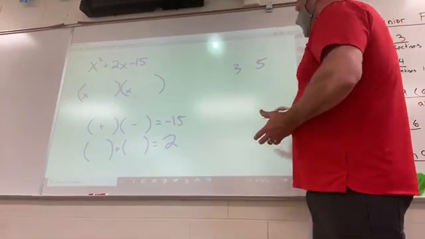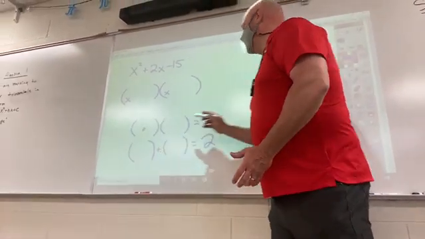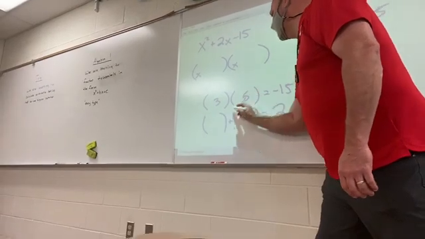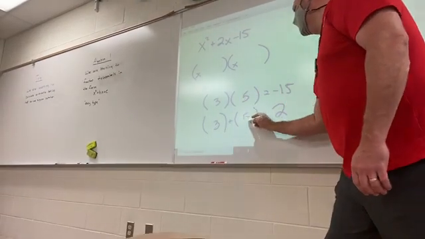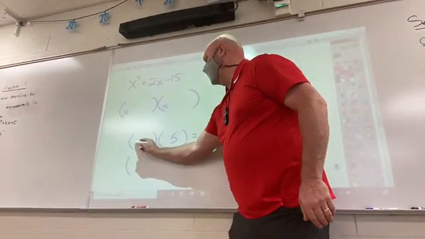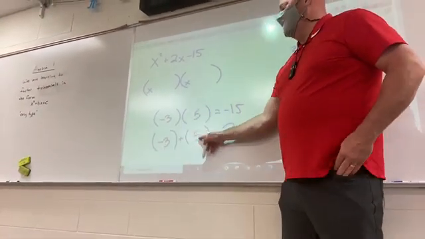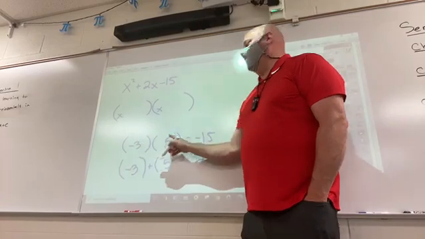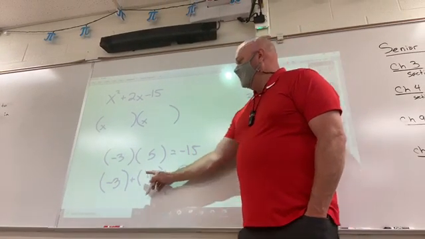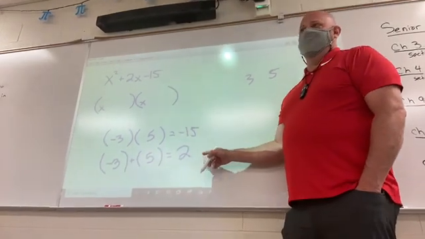The question is going to be, which one allows us to say this is correct? Negative 3 and a positive 5. Right? Because one has to be positive, one has to be negative to multiply to a negative, but they have to add up to a positive.